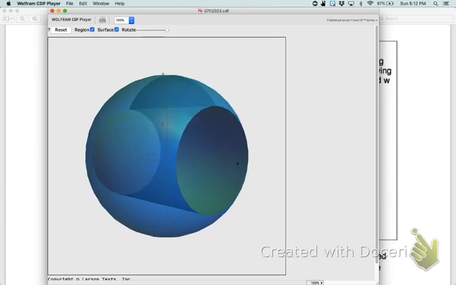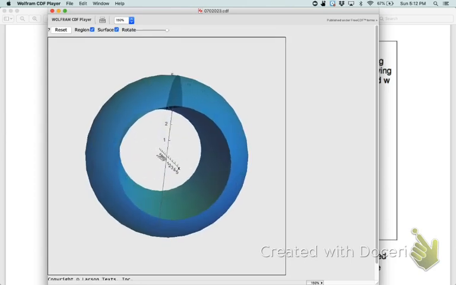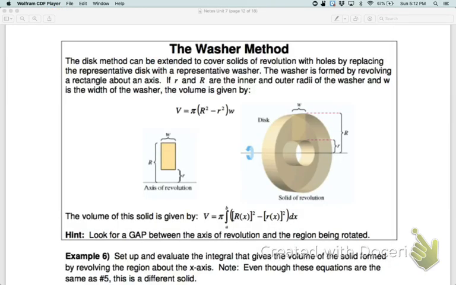And so when we slice this into a bunch of slices, each of those slices is going to have a hole in the middle of it, and that we need to take account for. And so that is why the final thing that we're going to look at here is the washer method, which is the same as the disc method. It's just going to account for that negative space.